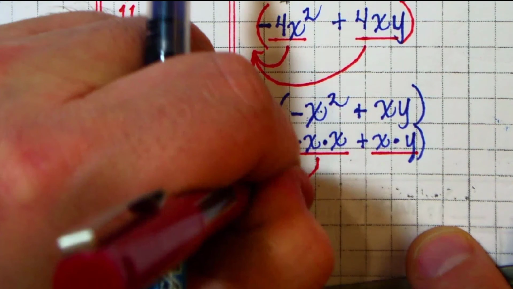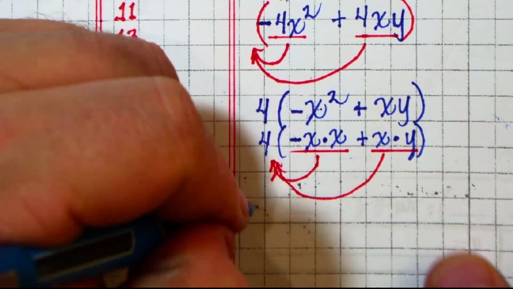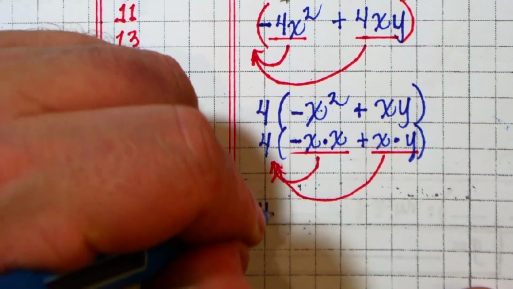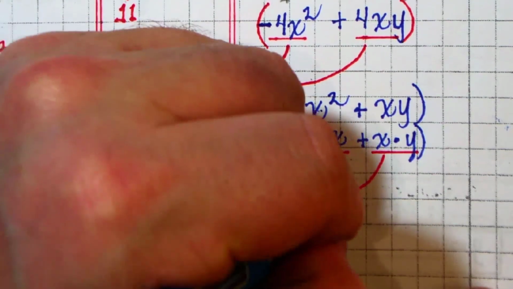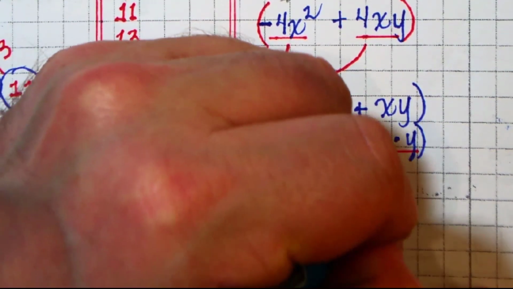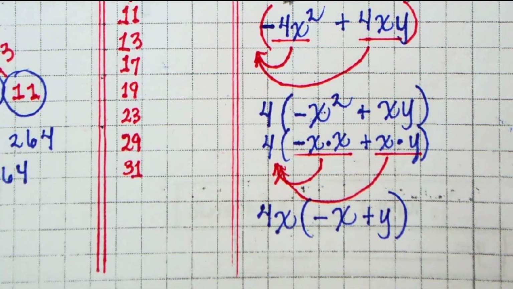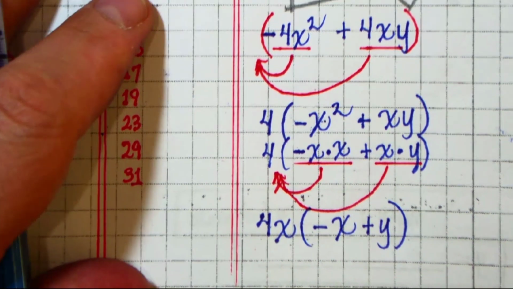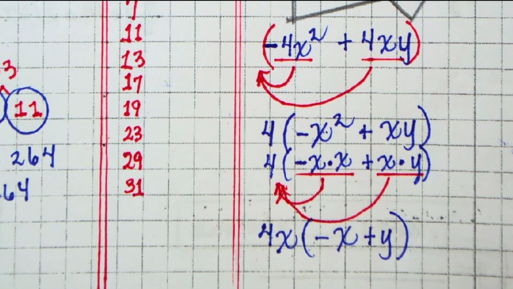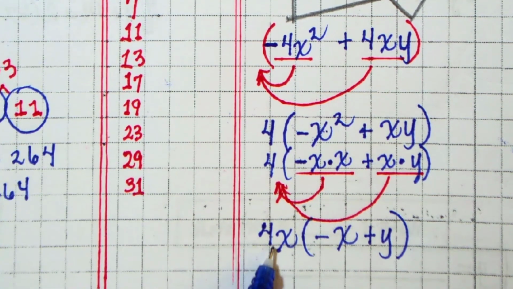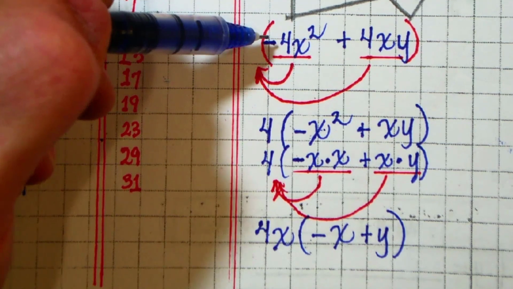This is something you will have to do with math problems starting pretty quick. So now it's 4x on the outside, open parentheses, negative x plus y. That is called factoring. So which one's correct? All of them. They're all correct. They're all the same thing. It's just they're different ways of writing it. If you were to distribute this 4x back into the parentheses, you'd end up with this, negative 4x squared plus 4xy.